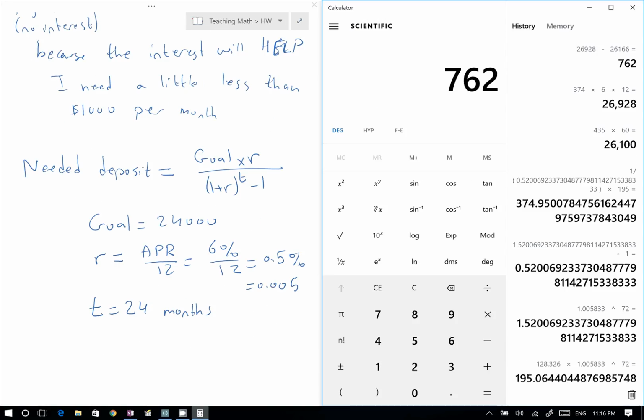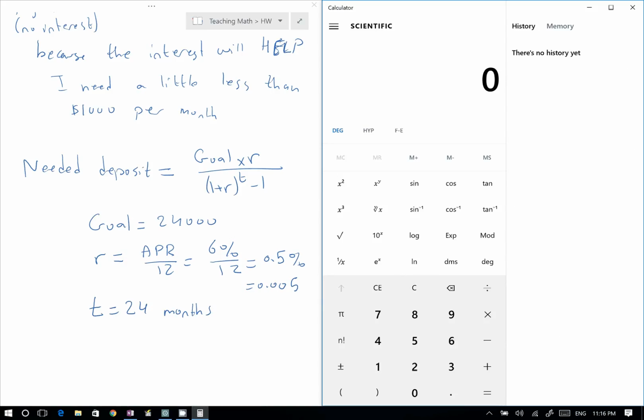So again, my beautiful calculator here, clear all that stuff. Okay. So needed deposit equal to the goal, 24,000 multiplied by r, 0.005 divided by, so that's 120.